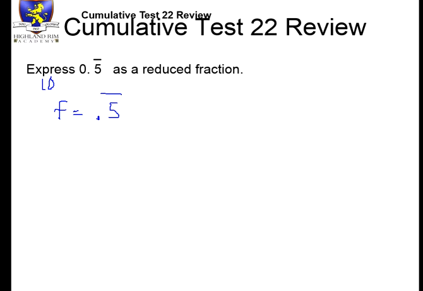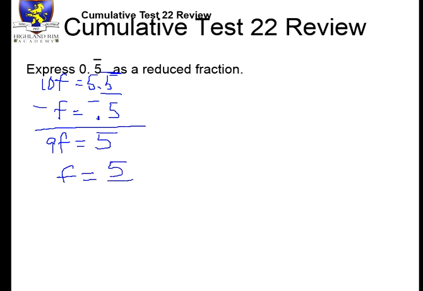Since we've only got one repeating digit, all we do is multiply this by 10, and 10f is equal to 5.5 repeating. So now we subtract, and we end up with 9f equal to 5. So f is equal to 5 over 9. And guess what? That's your answer, guys. f is equal to 5 over 9.